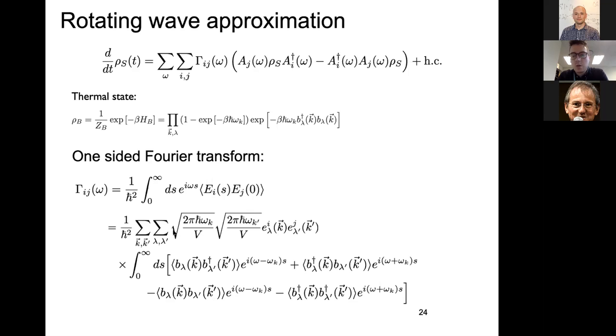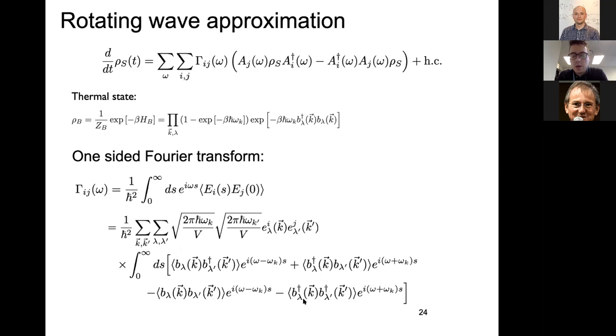By doing so, we end up with this quantity. So what we have is that the one-sided Fourier transform of our correlation function depends on the expectation value of these creation and annihilation operators.